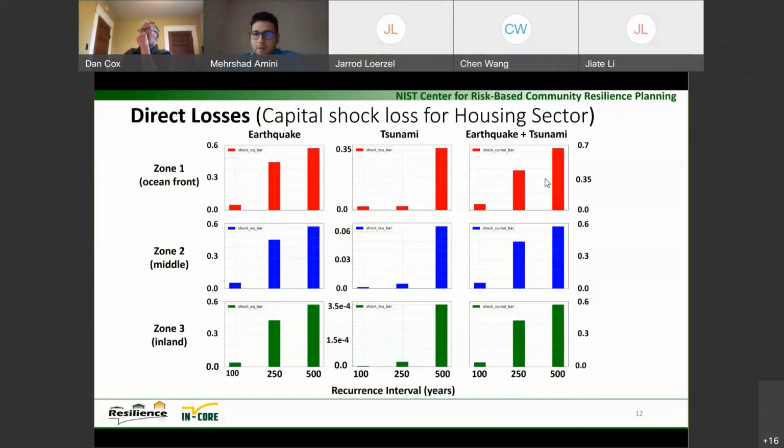For the combined result, which is usually dominated by the earthquake, you can see the comparison for the different zones. This comparison can also be developed for each sector. I didn't present all of them for the sake of time and brevity. This one was just for the housing sector.